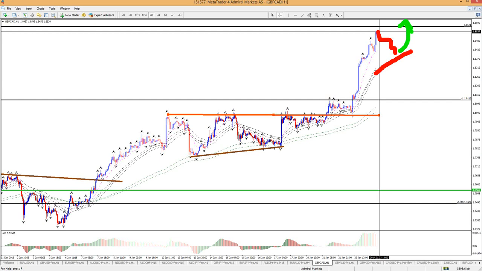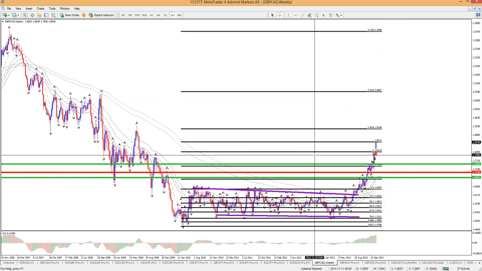So my view on pound CAD is bullish. It is definitely moving up. It's a strong uptrend on all time frames. It's just that it has moved up so much that I'd rather wait for retracement and a small continuation upside. How much can this go up from a bigger time perspective?